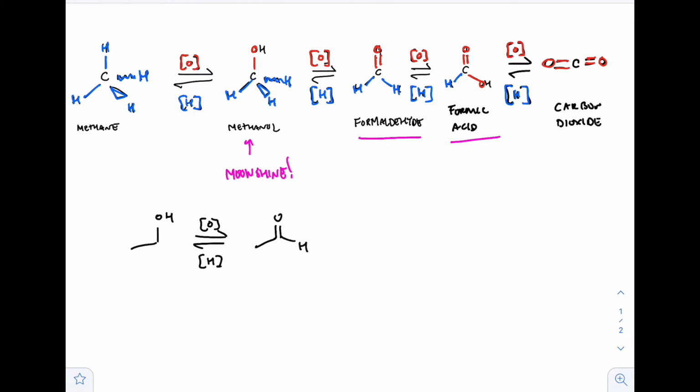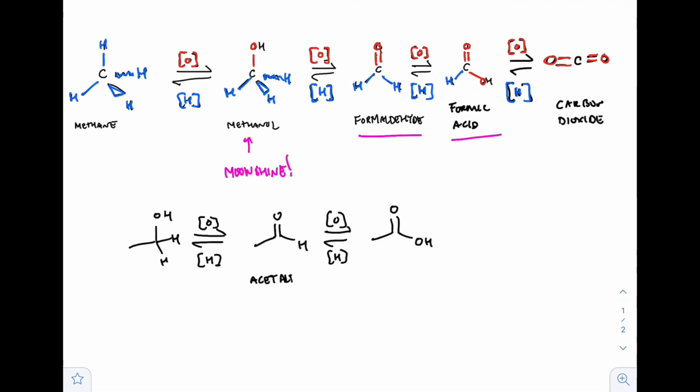But ethanol, on the other hand, let's draw the ethanol oxidation process. We form this aldehyde species, which is called acetaldehyde. And then if we oxidize acetaldehyde, remembering that we remove that carbon-hydrogen bond and create a carbon-oxygen bond, we get acetic acid, which is just vinegar. So with methanol you get red ant bites and tissue-preserving material in your body.